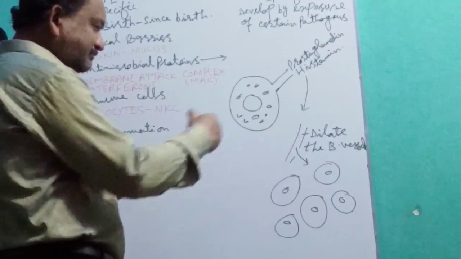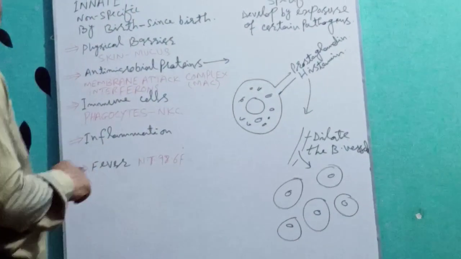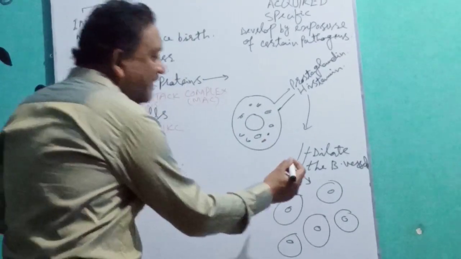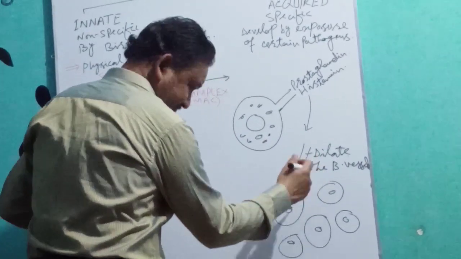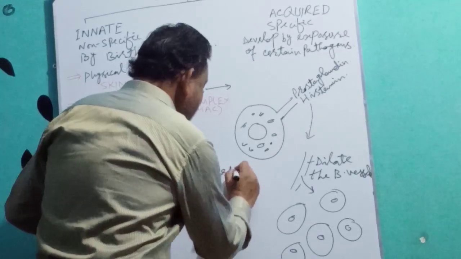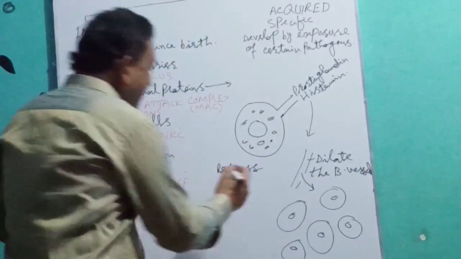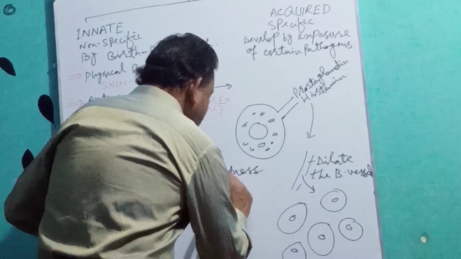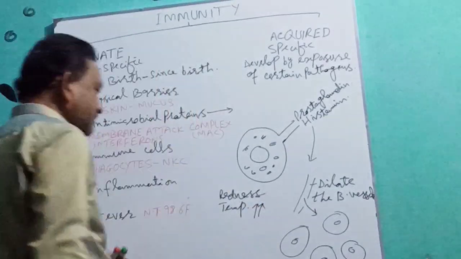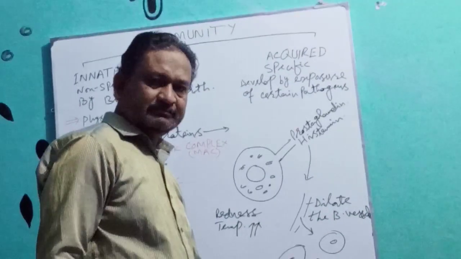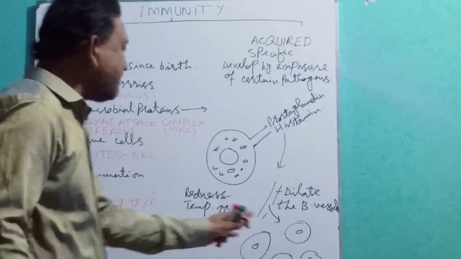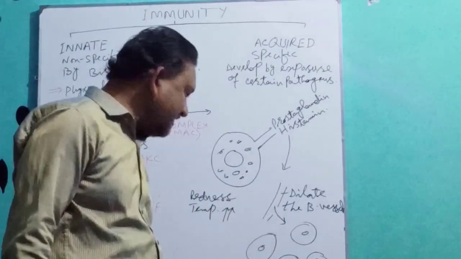So histamine has a part in innate immunity and inflammation, and the second one is more blood circulation in this area, causing redness, and the temperature rises, because more and more blood circulation is there due to the infection and due to the histamine and prostaglandin release.